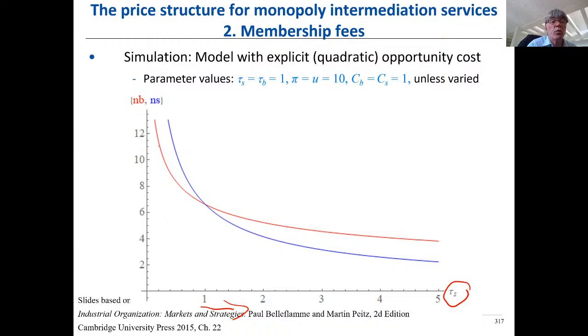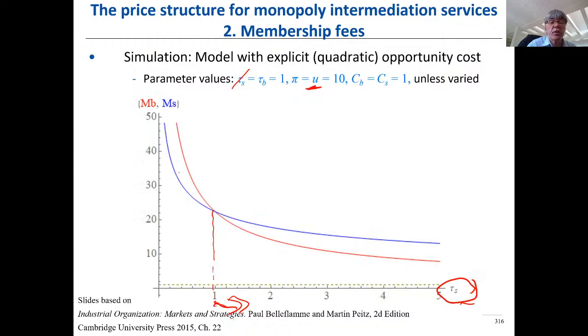What we really have here, and if you already downloaded the slides, what I put down here, is an interesting effect. Suppose tau_S decreases. What does this mean? It is less costly for sellers to join.